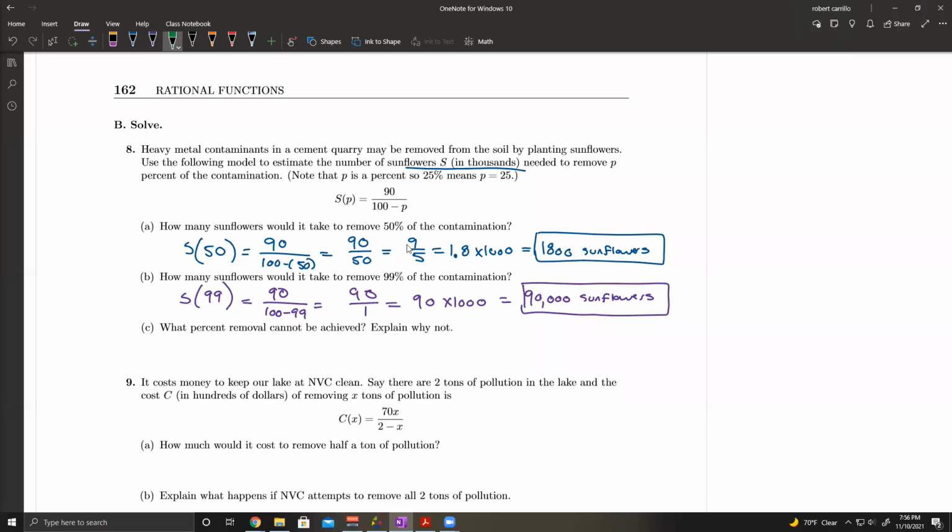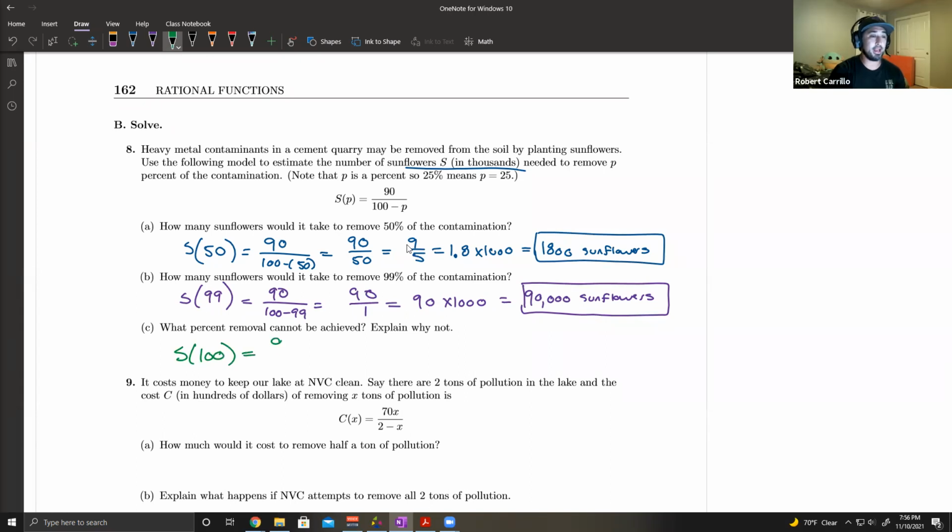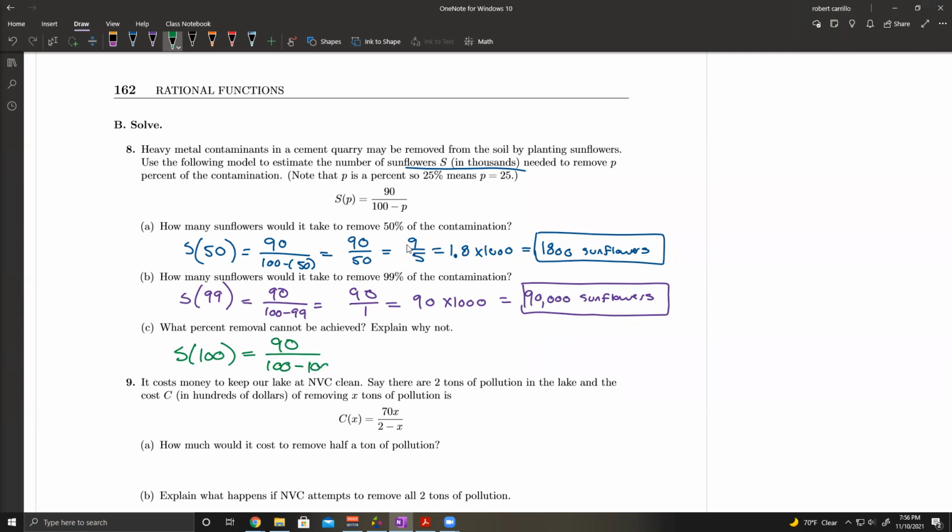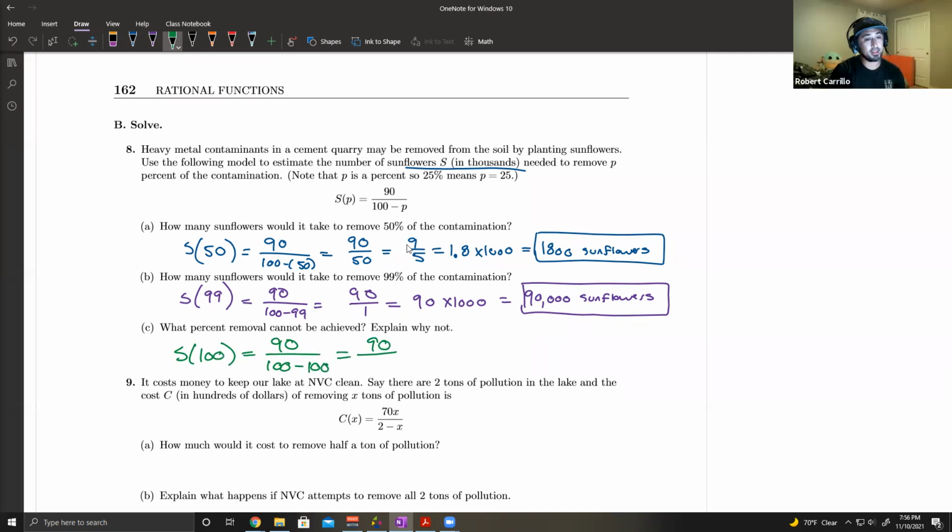The denominator would be 0, which would give us undefined. So you can't cross the asymptote because your asymptote would be at 100. We would never be able to touch that asymptote. So we would never be able to get rid of 100% of the contamination.